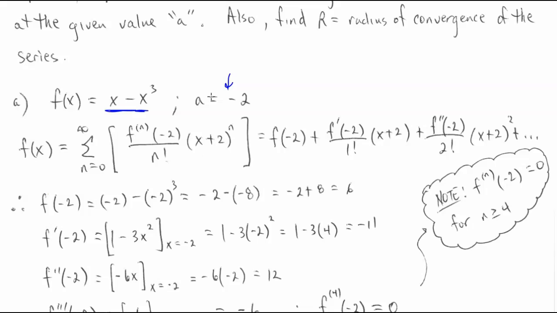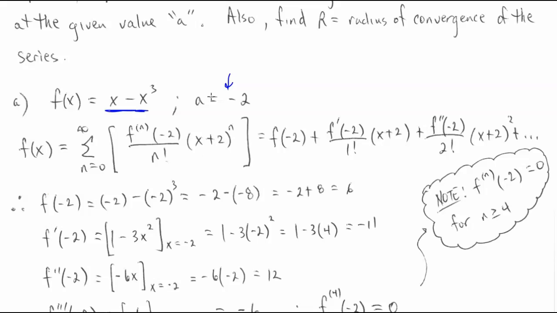Now, the first thing I want to say before we do this is that I picked this example because, number one, it was simple. Number two, I wanted to show how we center about a value of x that you wouldn't normally think to do that on, which is a equals -2. The other thing I want to mention is that f of x in itself is a polynomial.